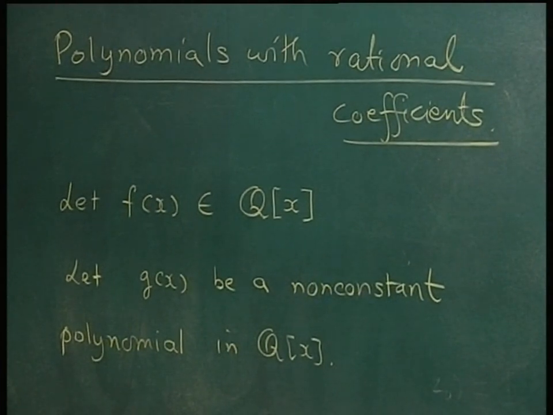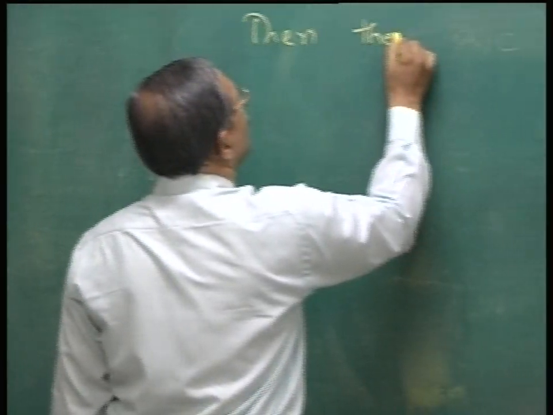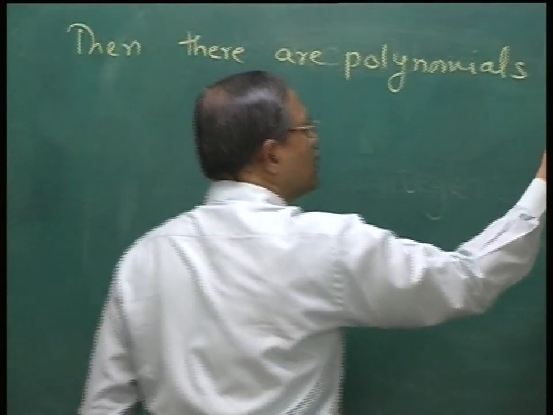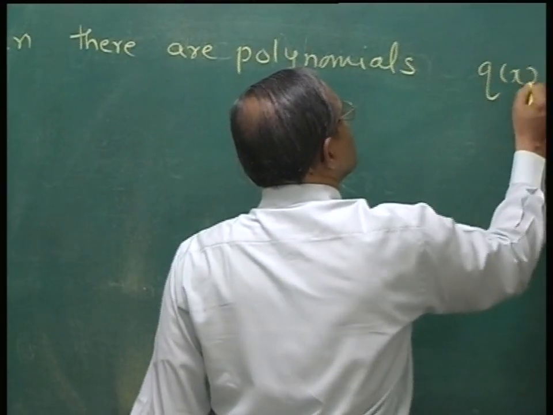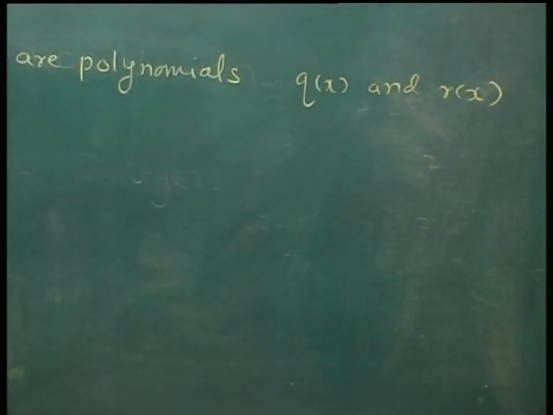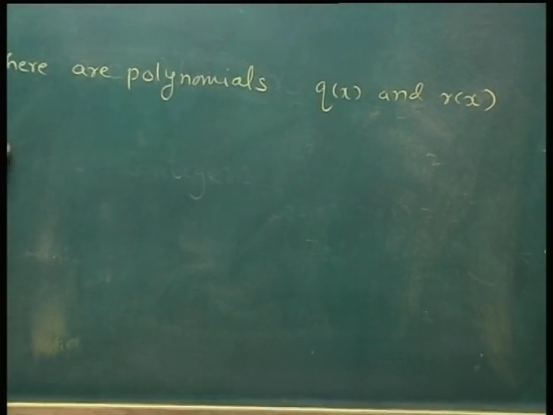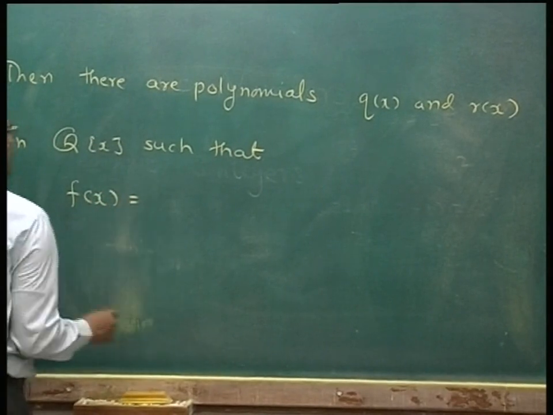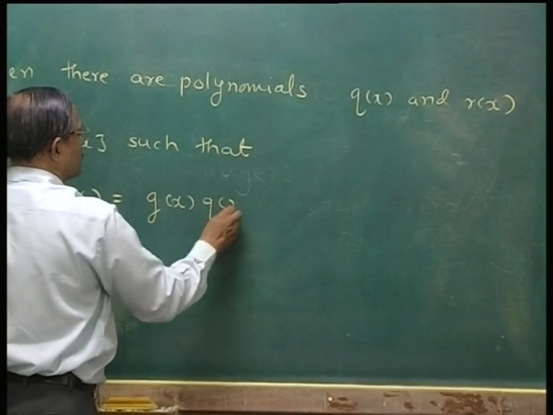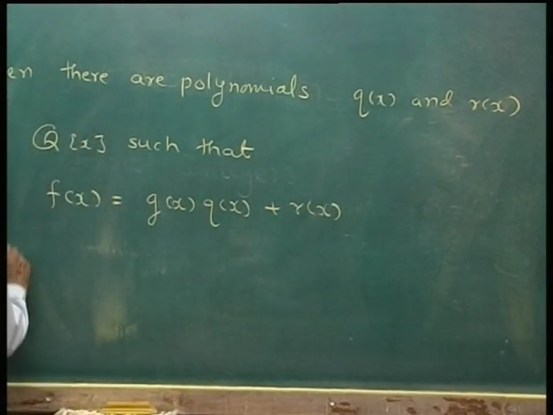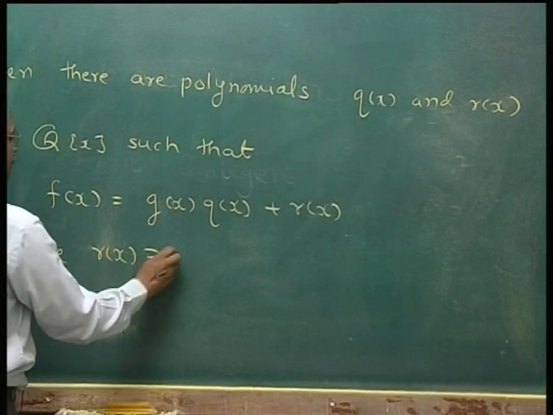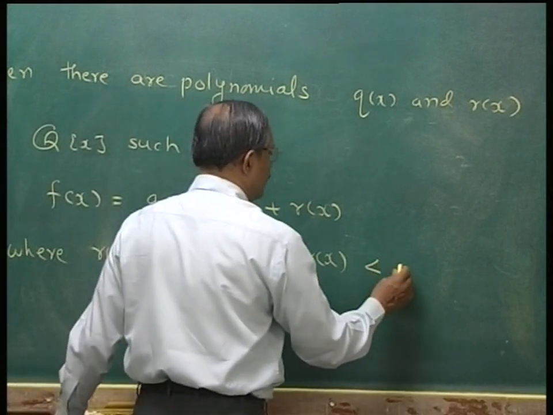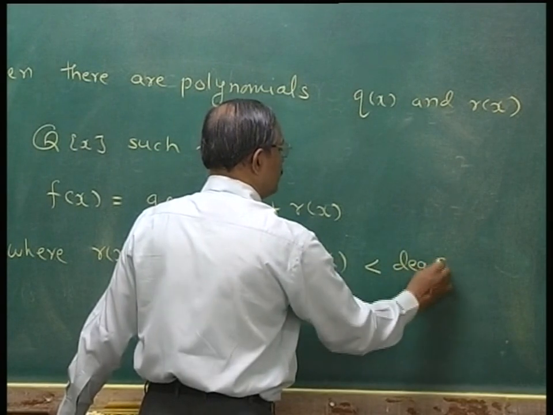Then there are polynomials q(x) and r(x) in Q[x] such that f(x) equals g(x) q(x) plus r(x), where r(x) equals 0 or degree of r(x) is less than degree of g(x).